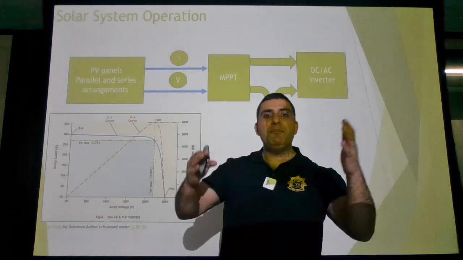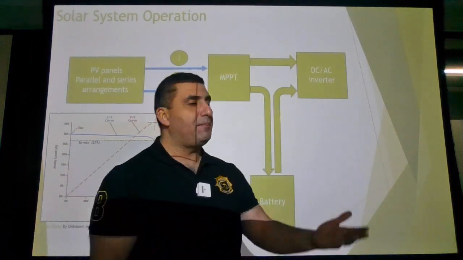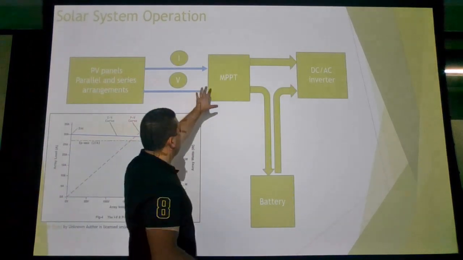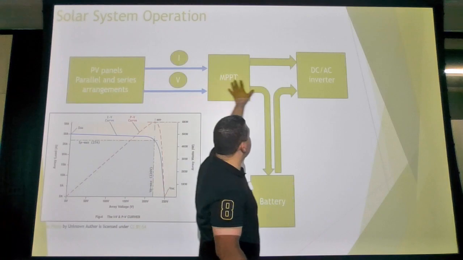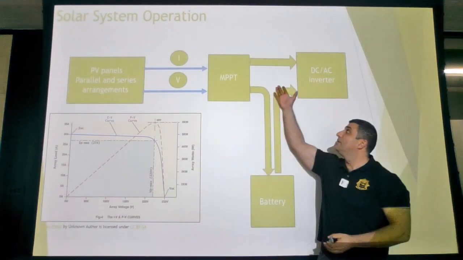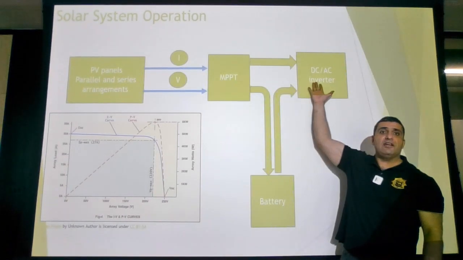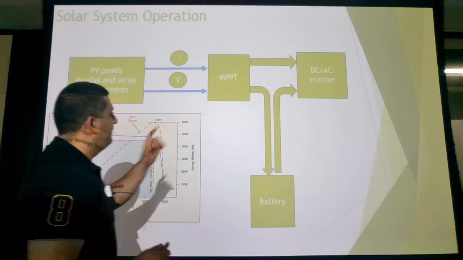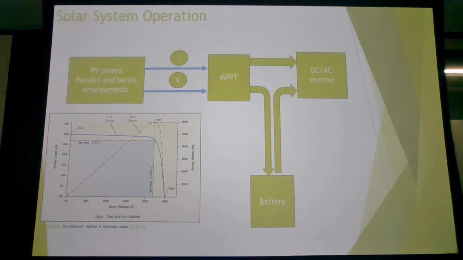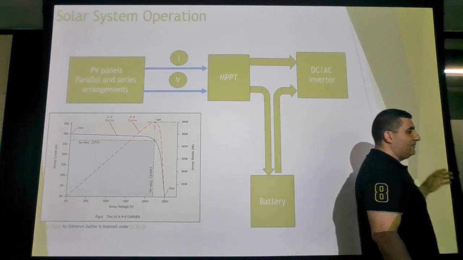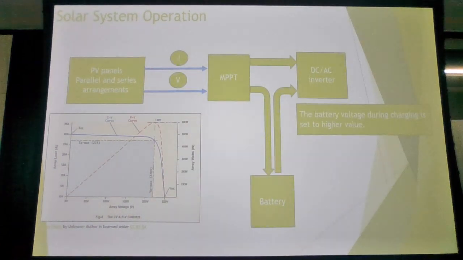Your MPPT is usually an integrated part of your charger controller, so this will be as one. In the modern ones, all of this is integrated into one box, one system: the MPPT, charger controller, and the inverter. This represents the PV solar system.